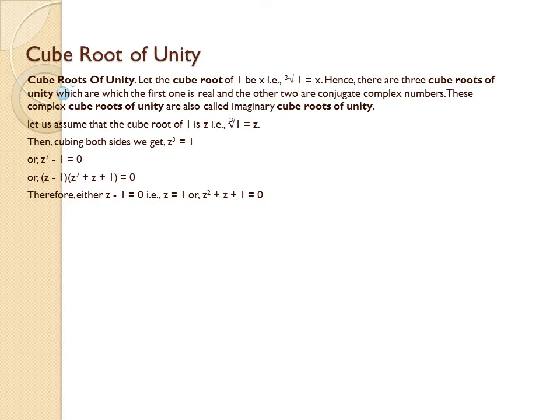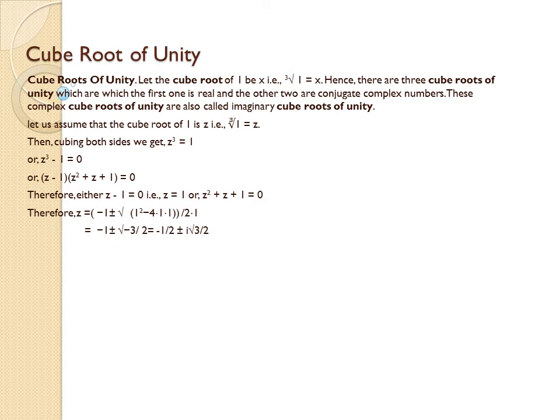So we will get the two roots of z. The two roots of z are minus 1 (since b equals 1) plus minus root over b squared minus 4ac. b squared means 1 squared, minus 4 into 1 into 1 (a equals 1 and c equals 1), divided by 2a, which is 2 into 1. So this is z.